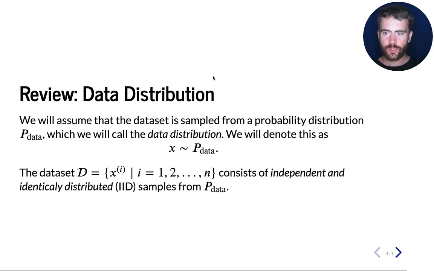And in our earlier video, we defined the general setup for unsupervised learning. So our data set now consists of vectors of features or attributes, but we don't have any labels. And we assume that these features come from a data distribution, and they're IID samples from this data distribution.